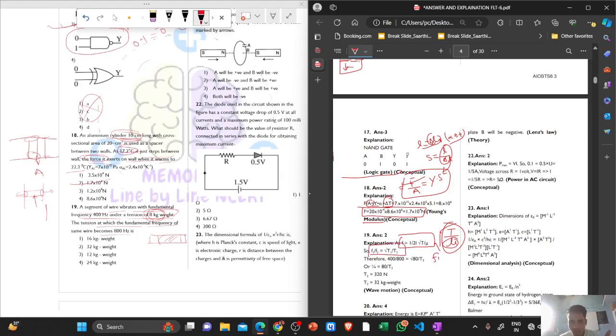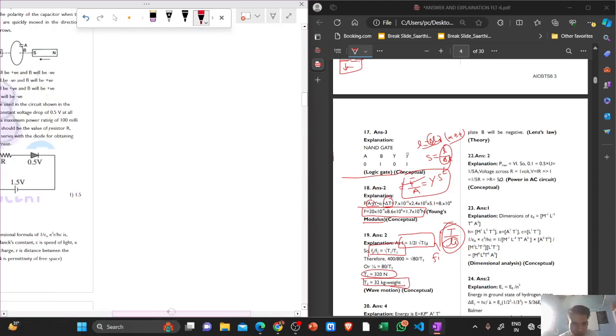Putting the values of f1, f2, T1, we easily get the value of T2, which is equal to 320 newton or 32 kg weight. It is asking in weight, so your answer will be 36 kg. In the case of force, it will be in newtons. In the weight, it will be the answer. Now, moving to the next question.